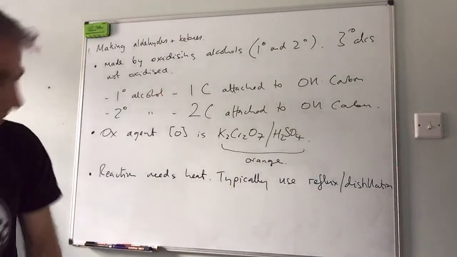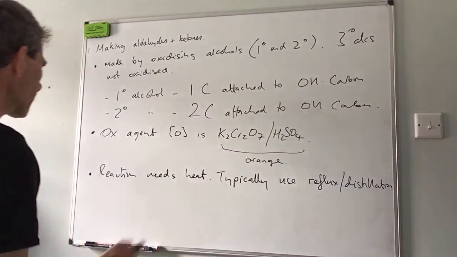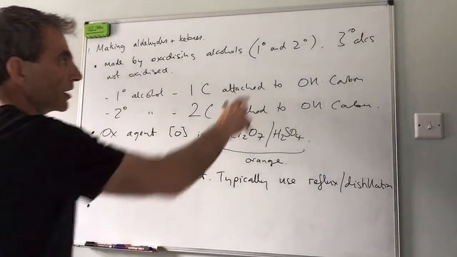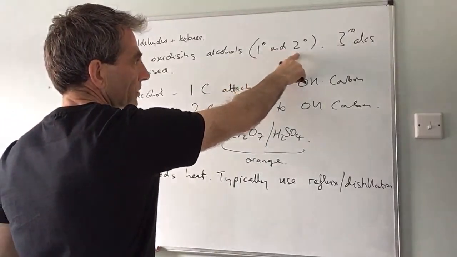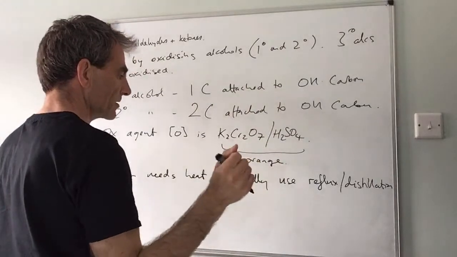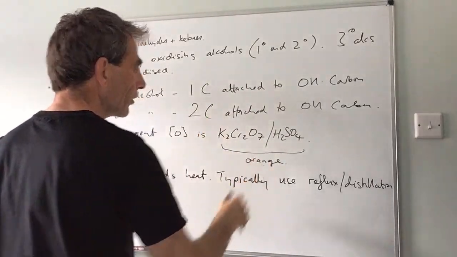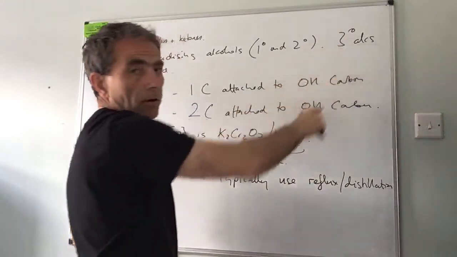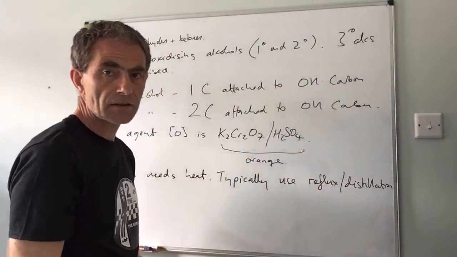The only other general thing to say is the colour change. If there is a reaction, so if it's a primary or secondary alcohol and you've got this acidified potassium dichromate(VI) and you heat it up, it will go from orange to green. Obviously, if you had a tertiary alcohol, it would stay orange, no reaction would happen.